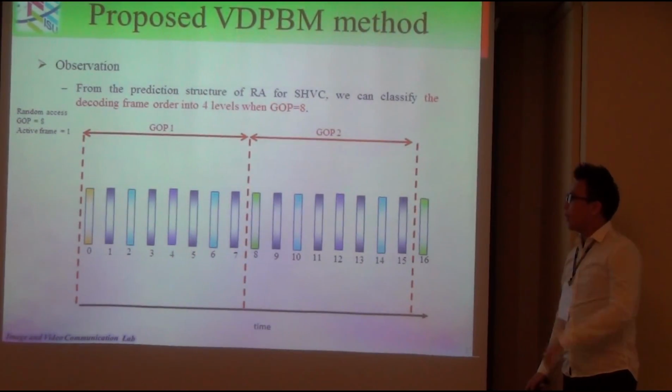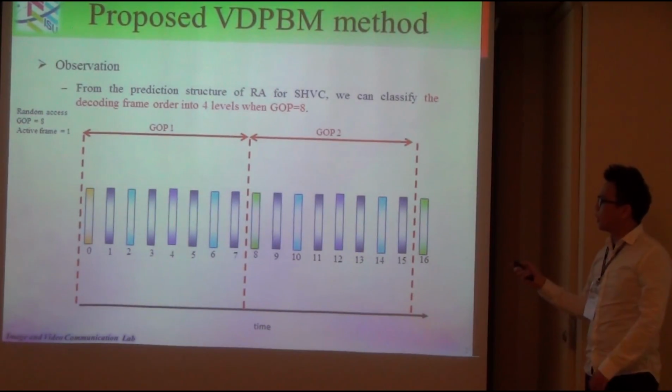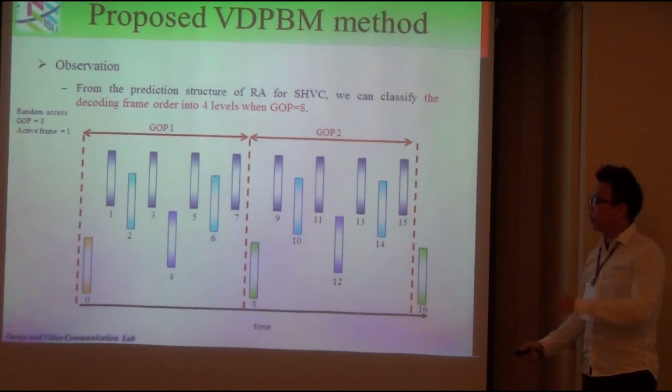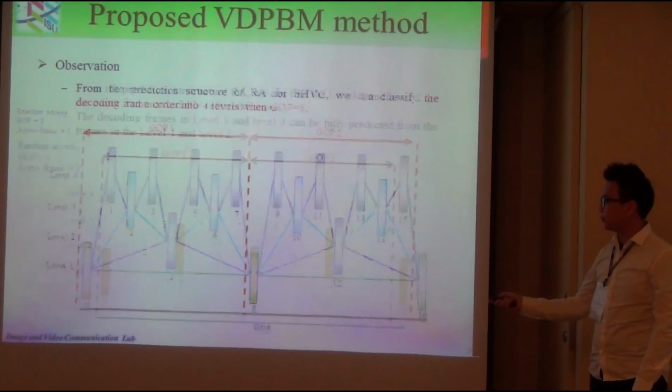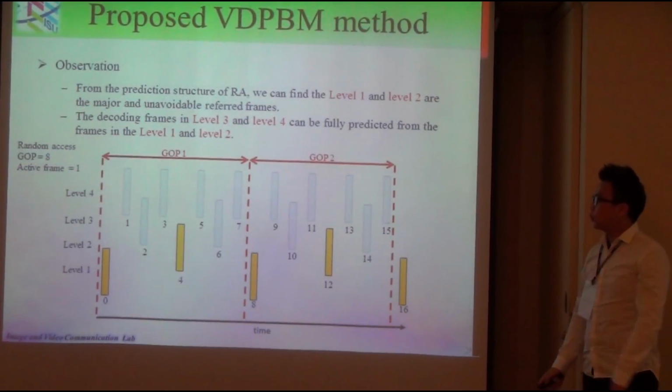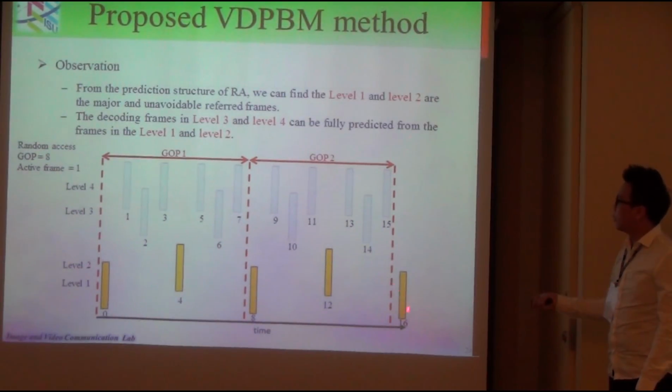We take an observation from the prediction structure of RA for SHVC. We can classify the decoding frame order into 4 labels when GOP equals 8. From the prediction structure of RA, we can find the label 1 and label 2 are the major and unavoidable reference frames.